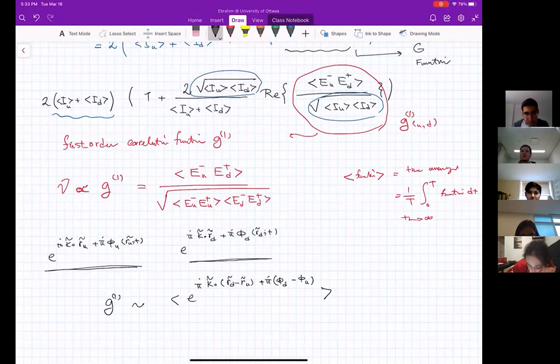Remember, this average is over time. If phi is time dependent, then you are in trouble. You cannot simplify this. A constant term you can take out of the integral, but that phase term will play an important role in your calculation.